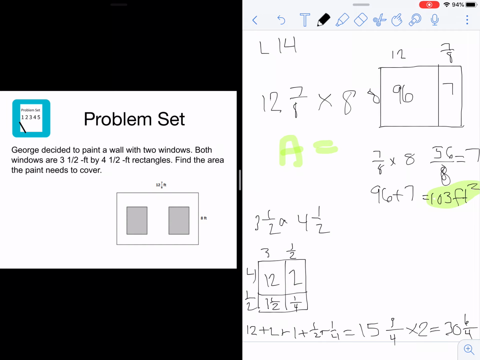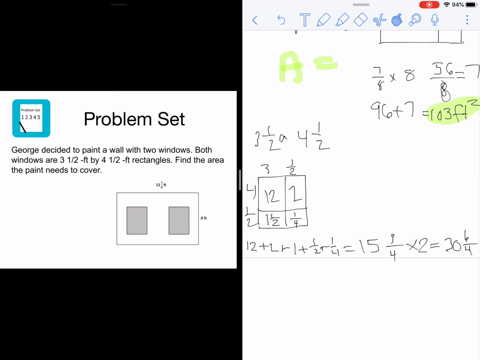30 6/4. 6/4 is not a proper fraction, so 6/4 is the same as 1 and 1/2. So we're going to add 1 to 30, so we have 30. Nope, 31, my bad. Because we're adding 1, 31 1/2 feet.